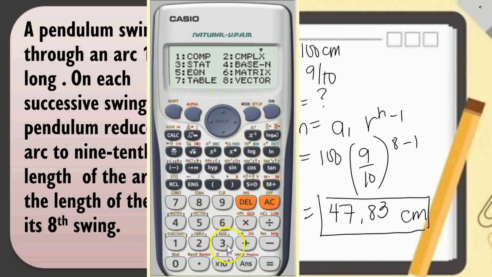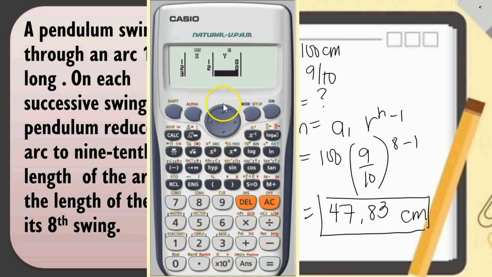So, find the length of the arc on its 8th swing. So, mode 3-6. So, yung first term natin, meron daw 100 cm. And then, yung first and second lang yung hanapin natin. So, yung first is 100. And then, yung second term naman, nakalagay doon meron tayong key term na reduces. So, mababawasan, ibig sabihin. So, 100 minus, reduces to 9/10, ibig sabihin, nabawasan siya ng 1/10 nung 100 cm.